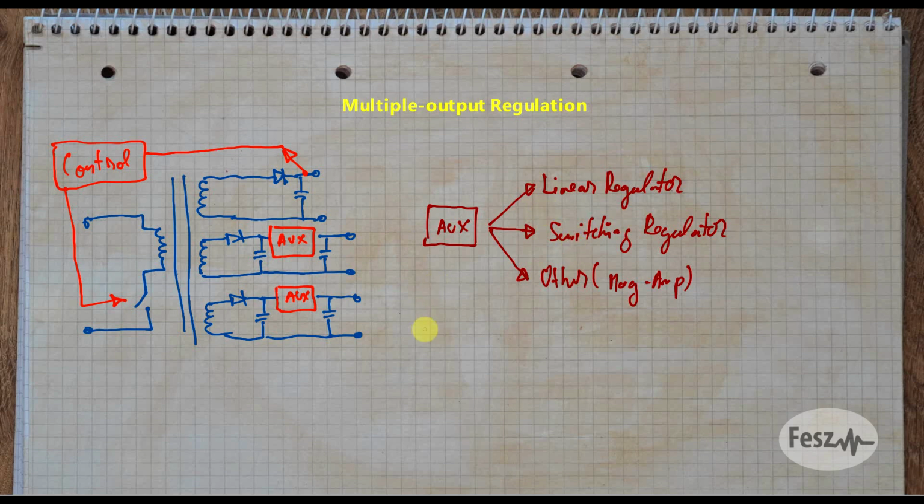However, the most interesting solution that I found to this problem is the magnetic amplifier-based regulator, which simply put is a linear regulator for AC currents, and it uses a saturable inductor. It's more efficient than the linear regulator, but it's also more simple than the switching regulator. However, it's quite obsolete by today's standards.